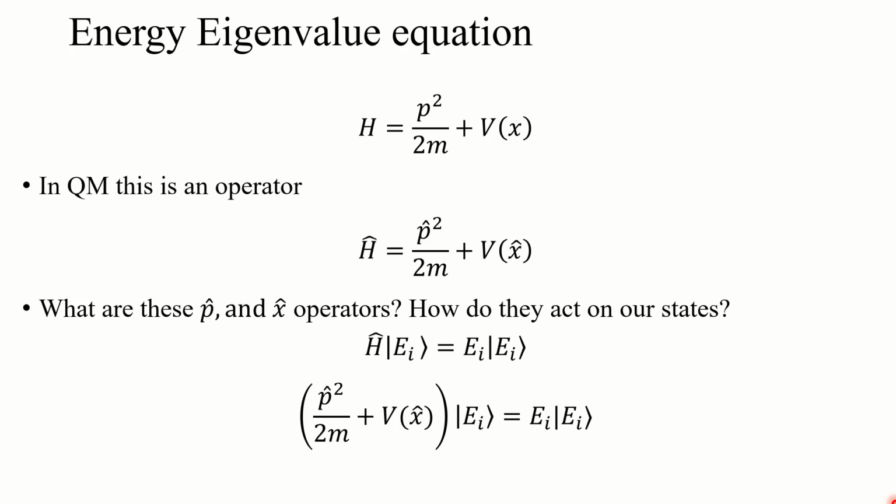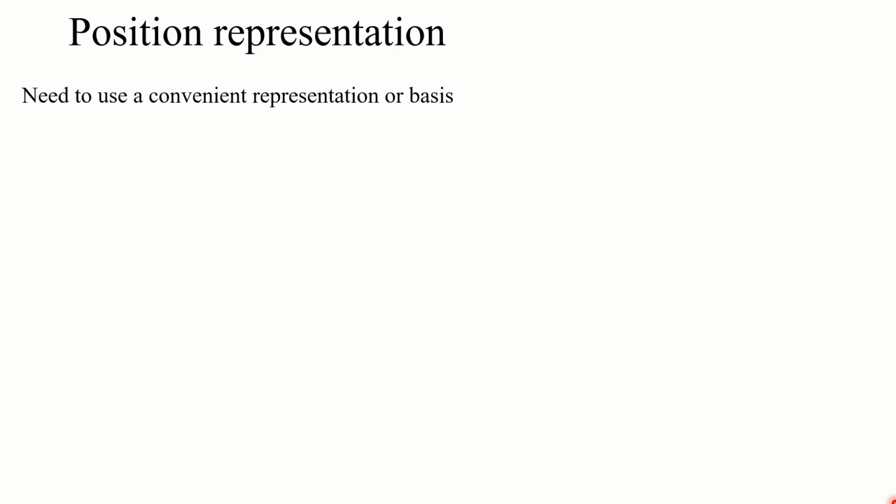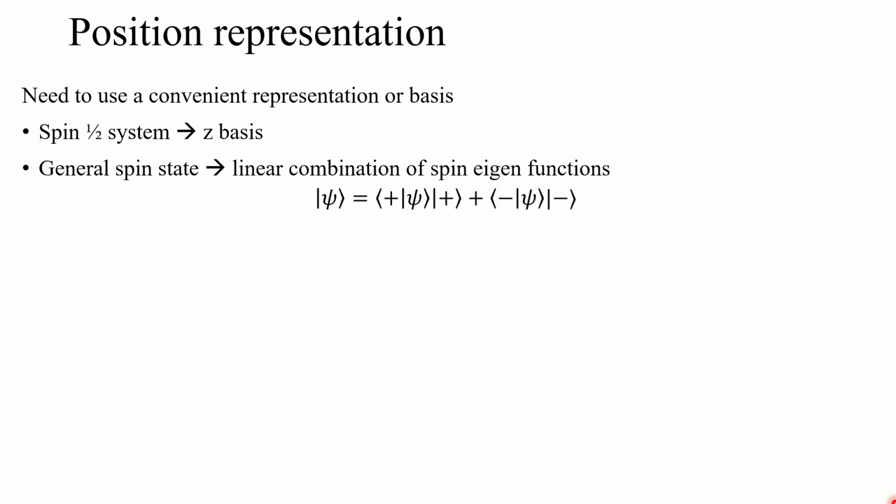Well, to deal with these, we're going to have to switch representations, right? We don't want to use the representations we're used to. But if you think back to our spin 1/2 system, the representation we used most often was the z basis, where you could write a general spin state as a linear combination of those spin eigenfunctions.